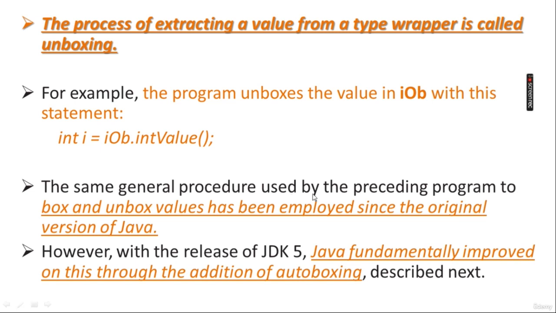The same general procedure used by the preceding program to box and unbox values has been employed since the original version of Java, that is Java 1, 2, 3, 4 up to 5. After that, with the release of Java 5, Java fundamentally improved on this through the addition of autoboxing. It is described in the upcoming PPT slides.